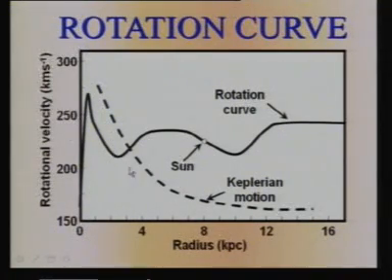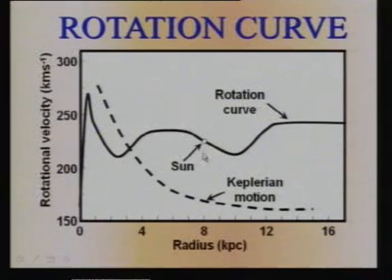This curve shows the observed rotation velocities of the various objects in the galaxy at various distances from the center. For example, the sun is at about 8 kiloparsec, and the curve shows the rotational velocity of the sun.